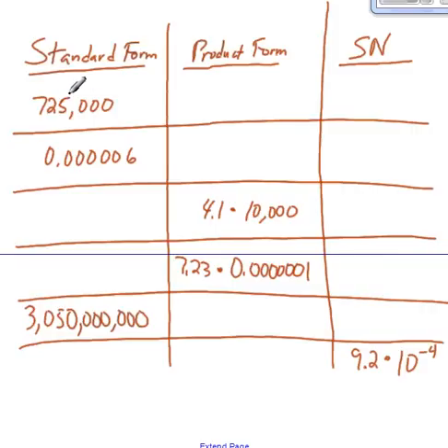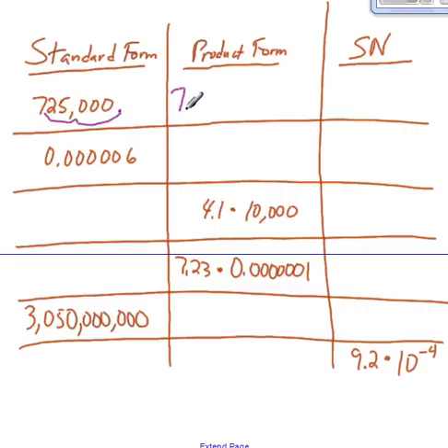So one way we can look at this: standard form is just the normal way of writing numbers. Product form is making the number a product of a number times a multiple of 10. So in this case, I'm going to move the decimal from right here all the way over to right there. So that's 5 places.